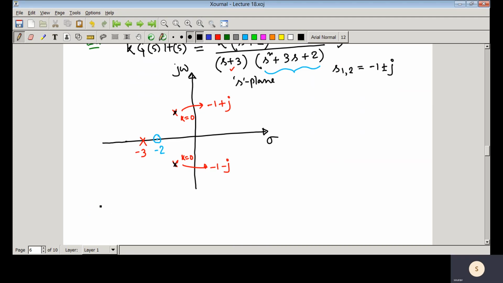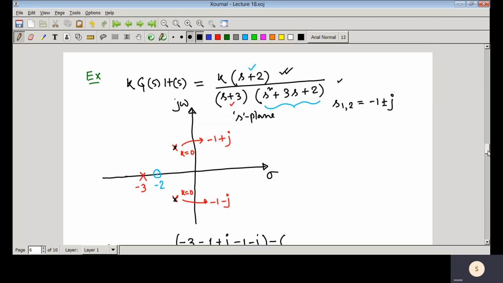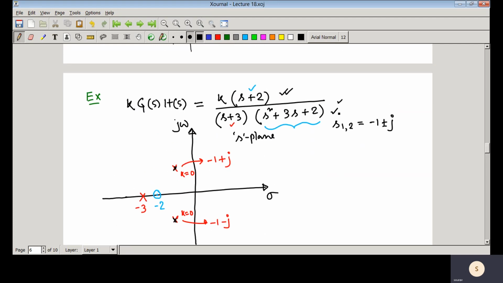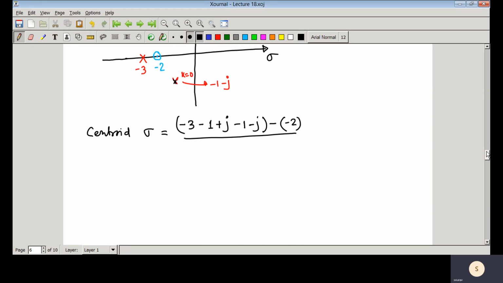So if we apply those formulas, the centroid sigma is the summation of open loop poles, that is minus 3, minus 1 plus j and minus 1 minus j, and the finite zero is at minus 2. Here you can see that you have 3 finite poles and 1 zero, so that is 3 minus 1.